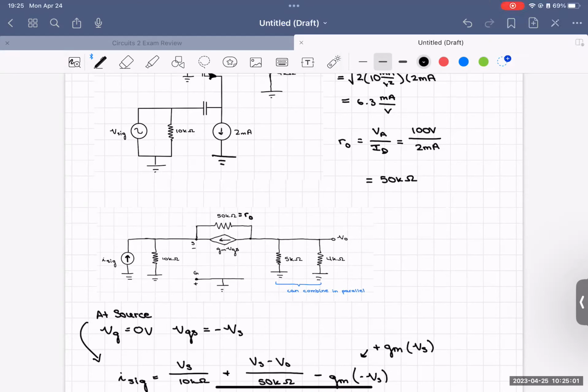So is it only for common drain circuits? Base. Yeah, common base. Okay.